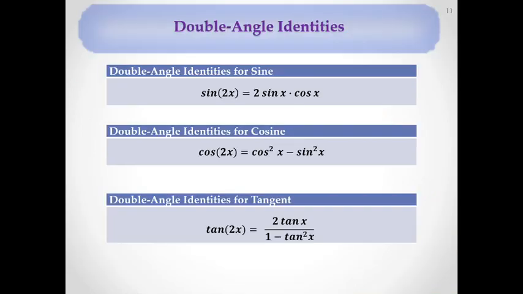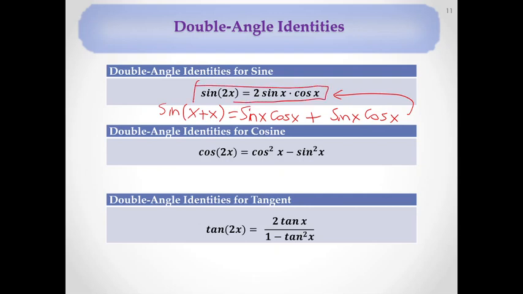Now, what were the double angle identities? These identities are easy to derive. They come from the sum identities, with x plus x. You can say sine x cosine x plus sine x cosine x, and it gives you this one.